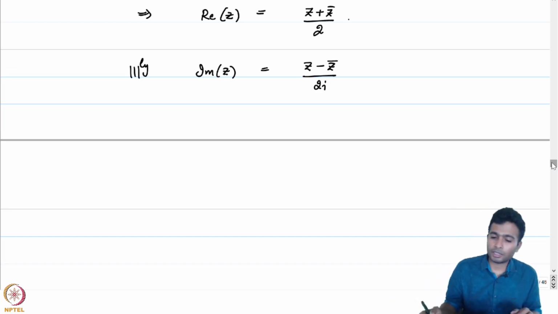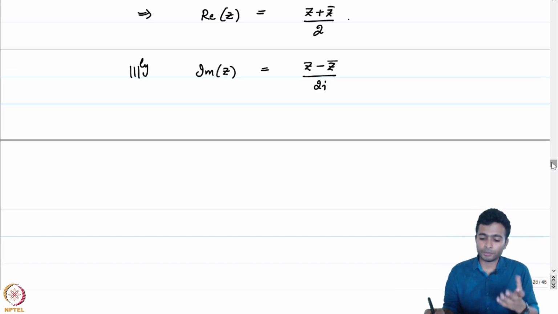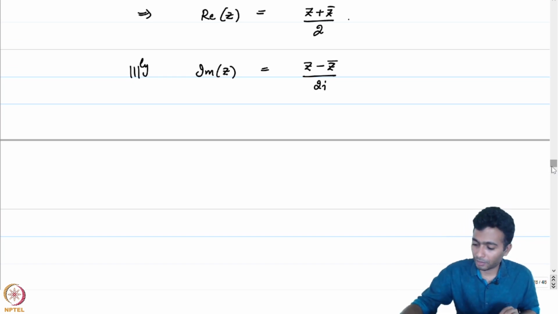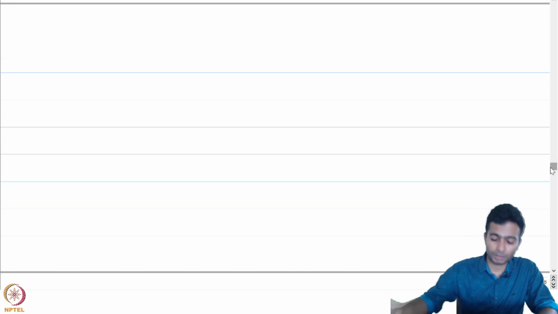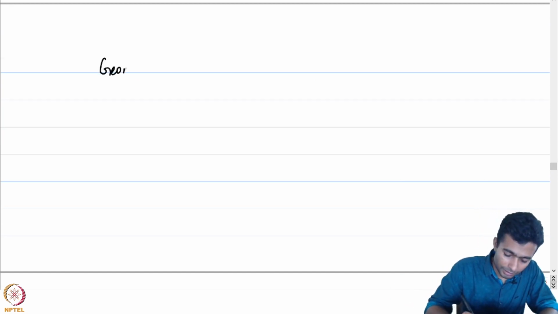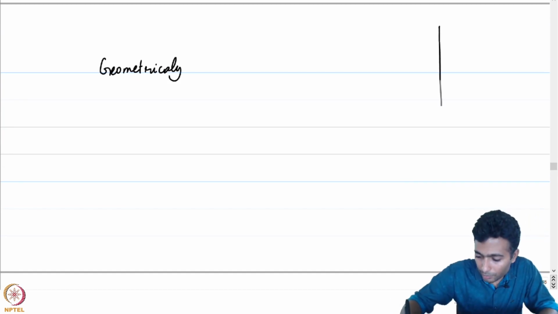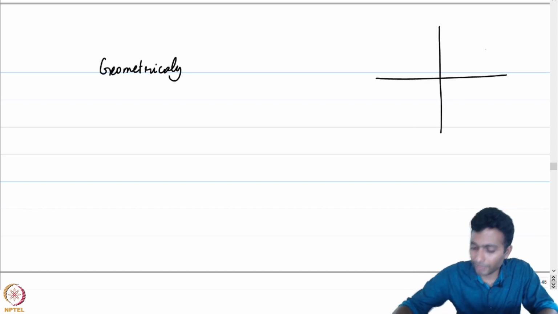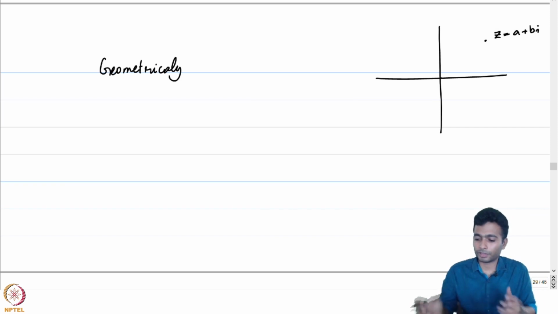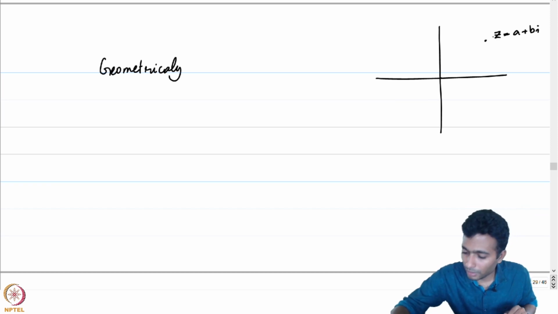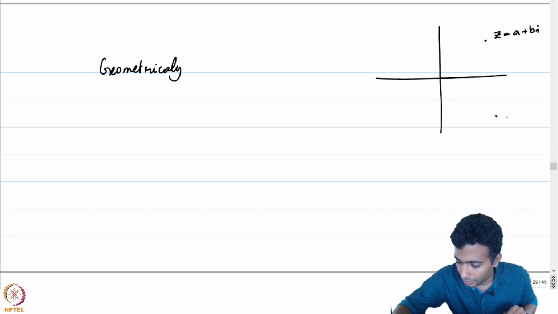The conjugation is a notion which you will be familiar with from linear algebra. Geometrically, this is something which you would have already seen. If I draw the complex plane this way, and suppose this is our point z equal to a plus bi, or if you prefer the R2 form, this is the tuple a comma b, and it's being sent to a comma minus b. So that will be some point here. This is what our z bar is going to be, a minus bi.